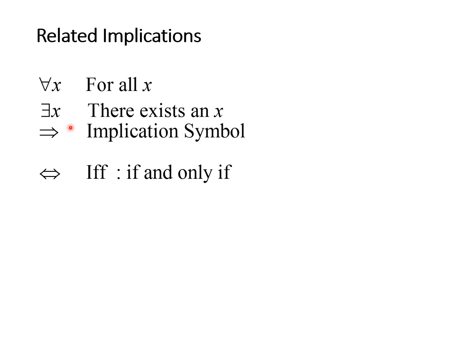The most popular symbol is this arrow, which represents the implication symbol, and this symbol here represents if and only if. We will use these symbols again and again in the coming slides, so please pay attention to the symbols.